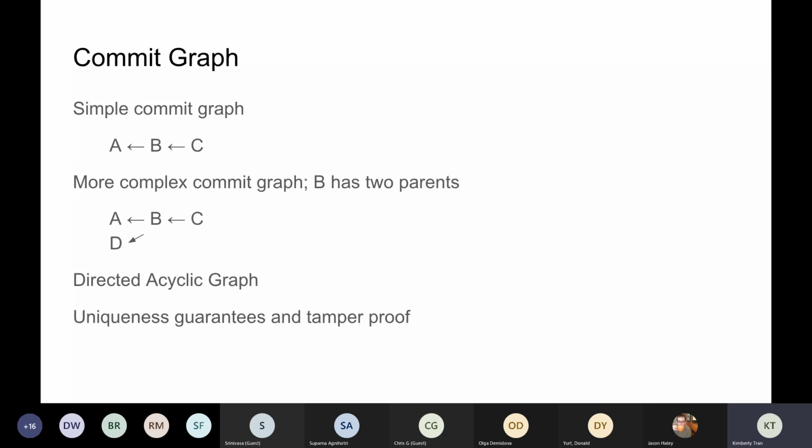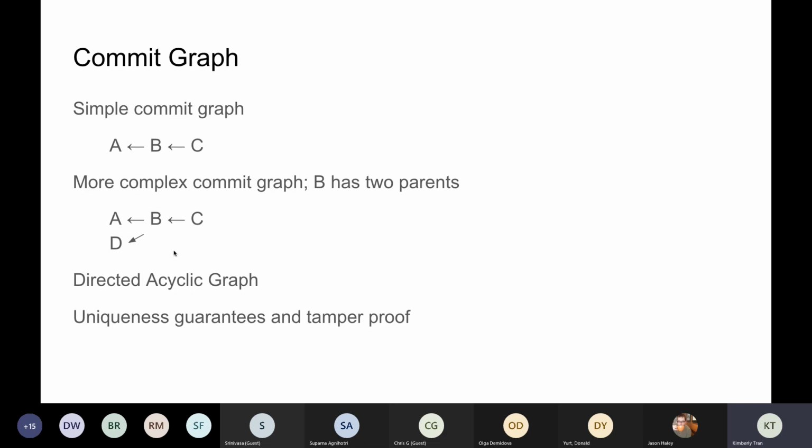Next up is the commit graph. We already saw this simple commit graph of A, B, and C, but there are also more complex commit graphs where B can have 2 parents. A commit always has one or more parents, except for the very first commits, which don't have any parents. You've also heard the term directed acyclic graph.